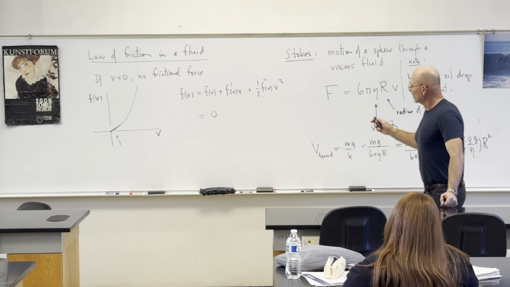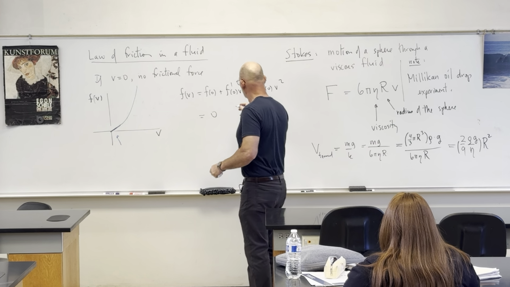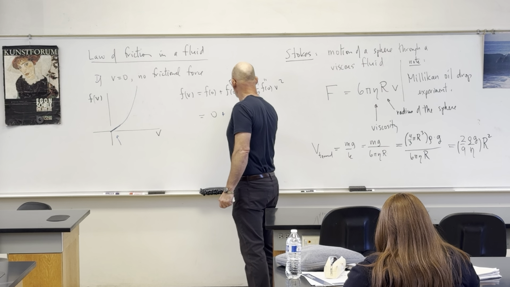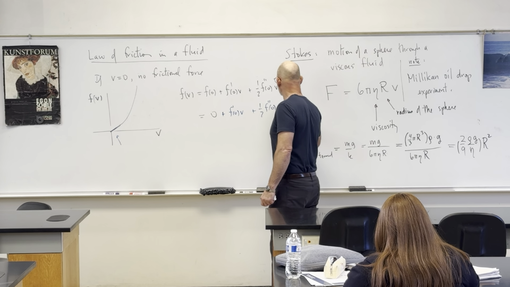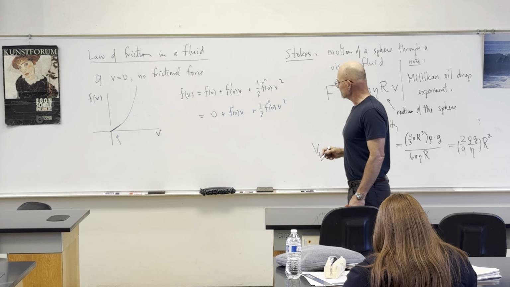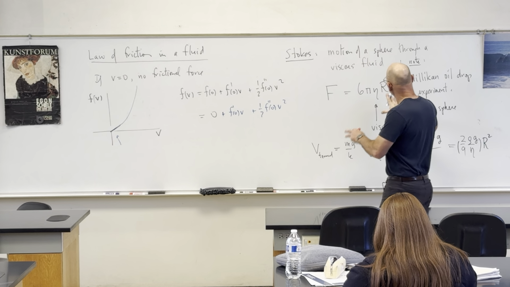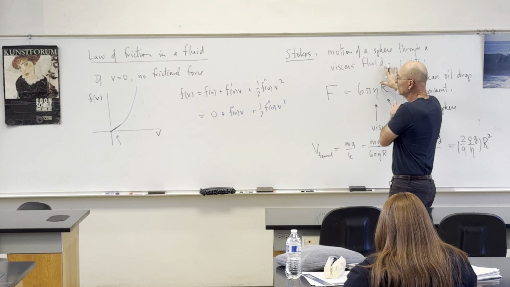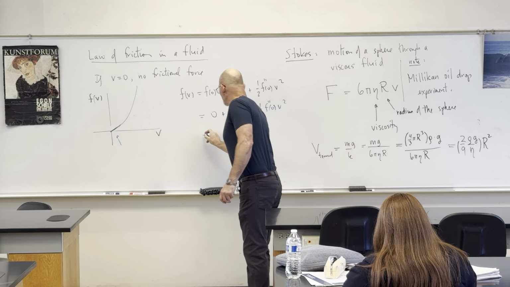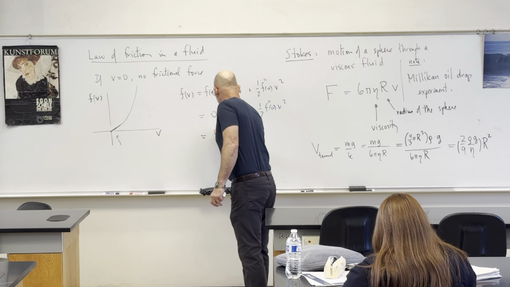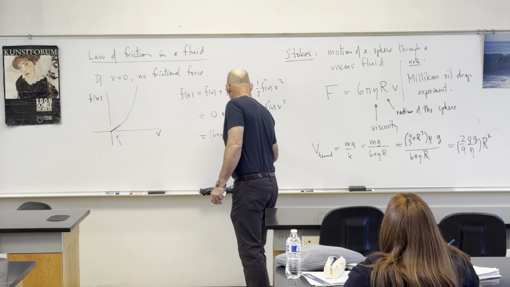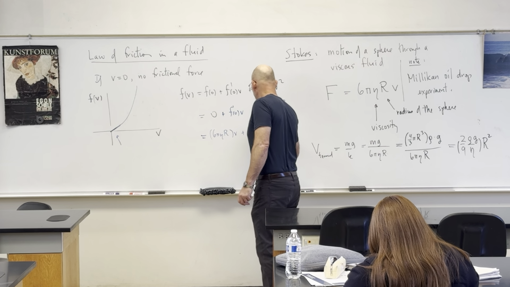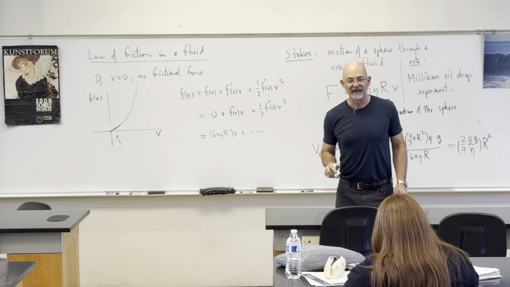So yeah, we get a nice... and then in the case of a viscous fluid, it turns out that it's 6 pi beta r v, and then plus other stuff as well.